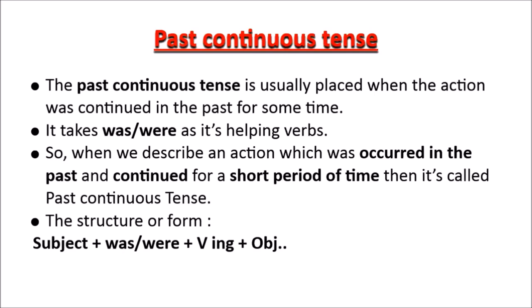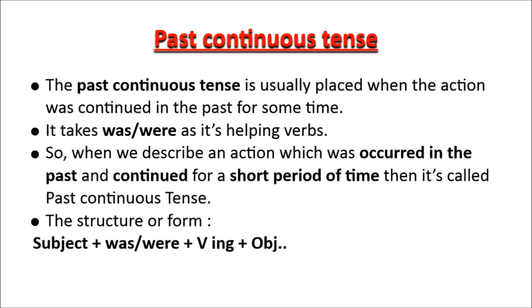So look at the next point. It takes was or were as its helping verbs. So it will take was or were as its helping verb. Okay. So look at the next point. When we describe an action which occurred in the past and continued for a short period of time, then it is called past continuous tense.